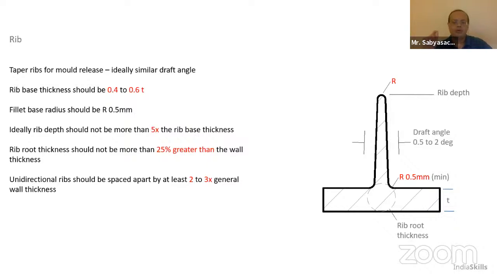That's very important. You must always have everything filleted. That's important. Your rib height or rib depth should not exceed 5 times the base thickness. There's something in architecture called slenderness ratio, so it's a bit equivalent to that. So these are things that you need to read about and automatically incorporate in your detail.